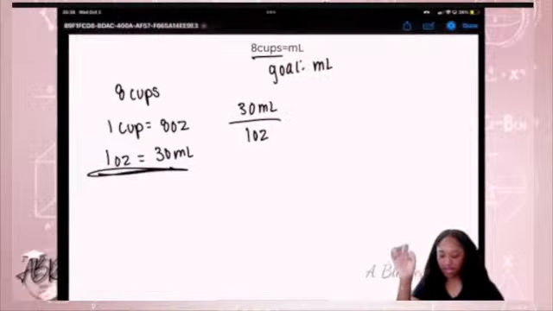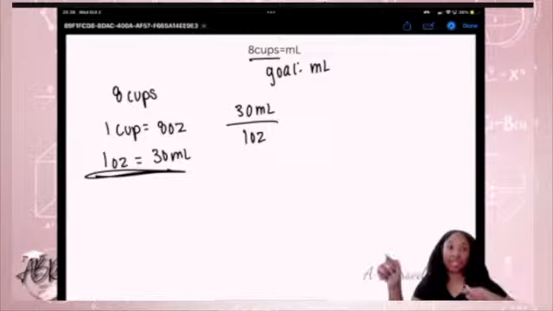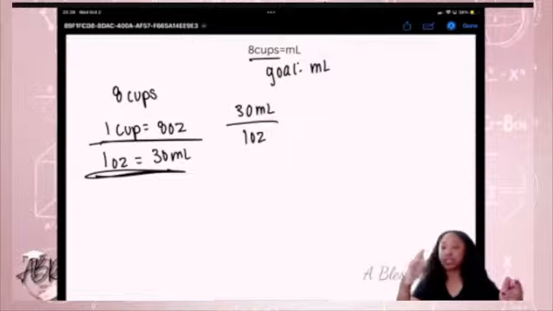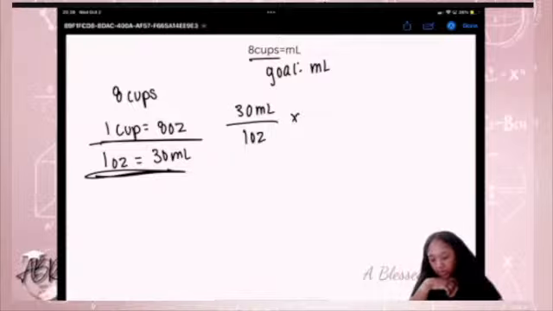Okay, so now that we've got ounces on the bottom, I know I need ounces on the top, so I need to cross them out. This puzzle piece has ounces in it. My goal is milliliters, so I want everything that is not milliliters to cross out. So 8 ounces equals 1 cup.